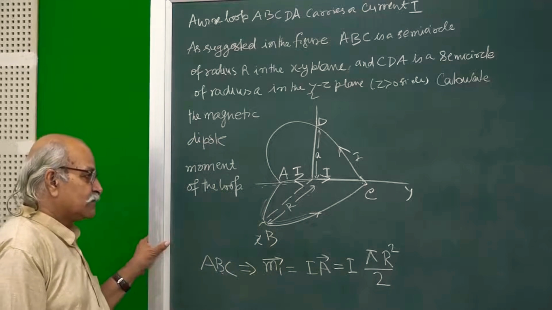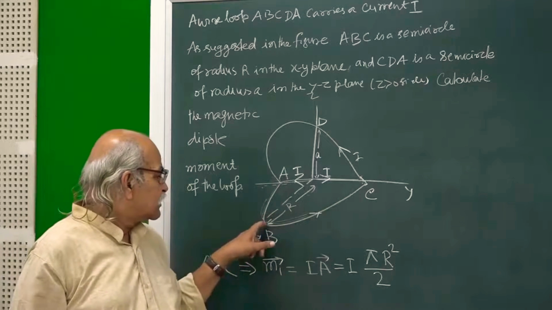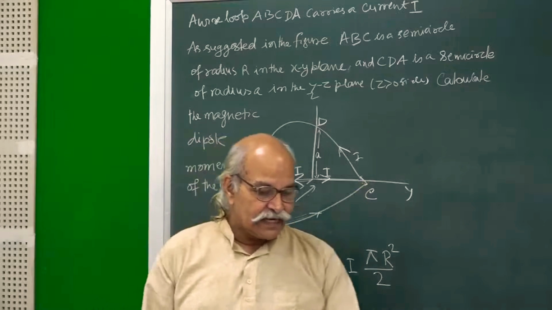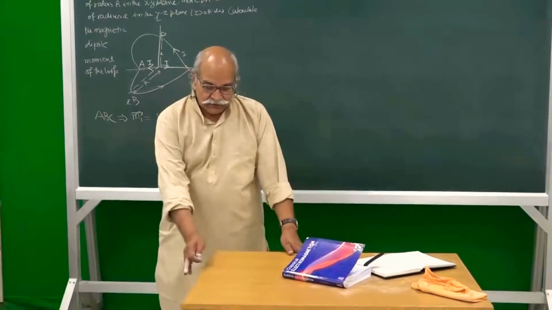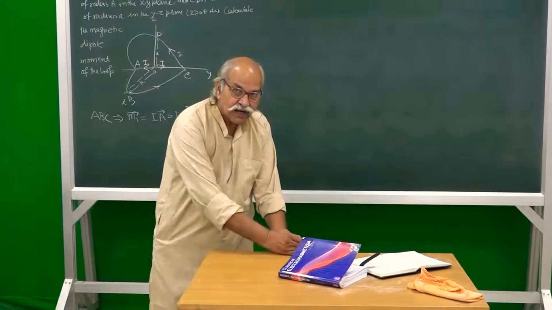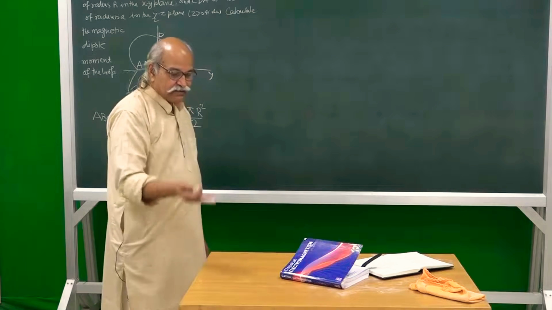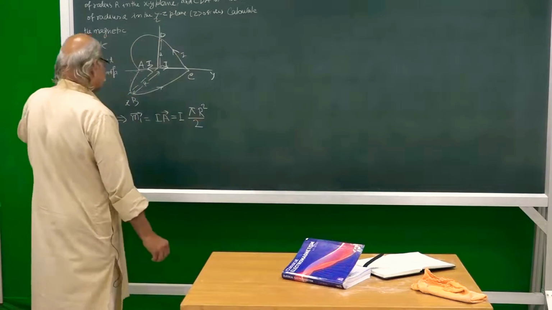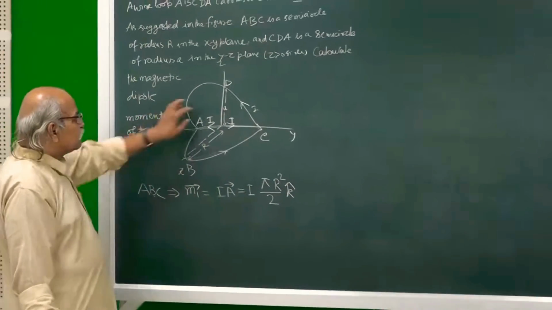And what is the direction? If this is the x axis and this is the y axis, going from a point on x to a point on y is anti-clockwise, and it will be up. So this is in the k cap direction.